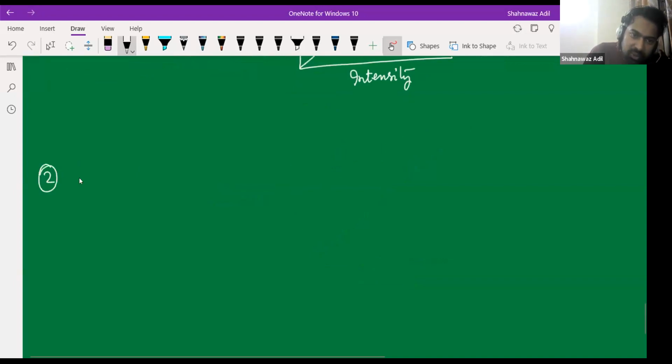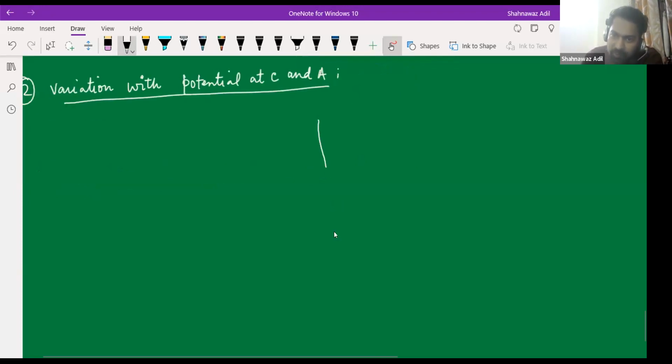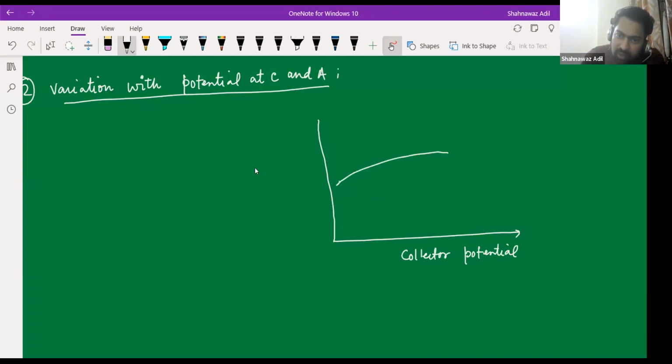The second thing that we observe is the variation with potential at C and A. Let's say this is the potential at A, the collector potential, and this varies like this, and this is our current.